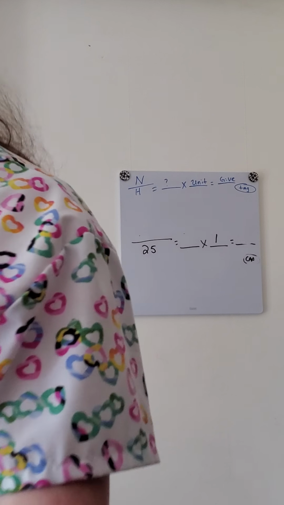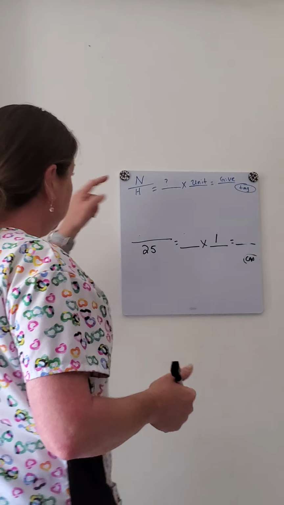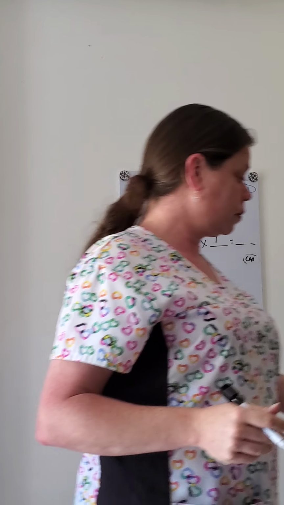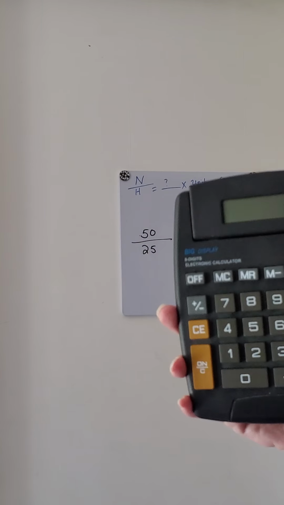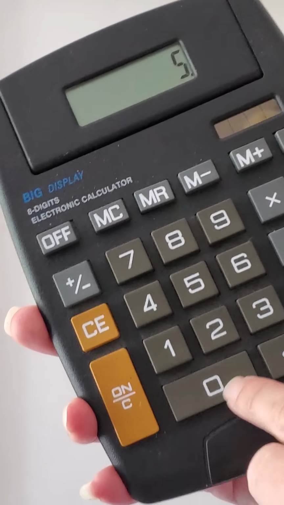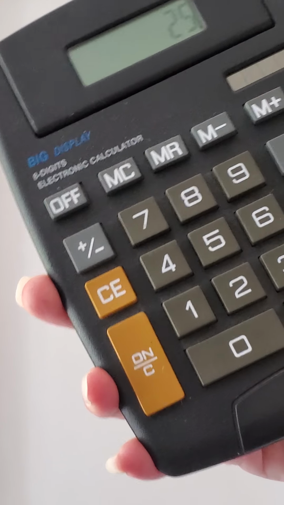If the doctor told you to take 50 milligrams, that would be the dose you need. 50 milligrams. So again, take that top number, 50. Divide it by the bottom number, 25.